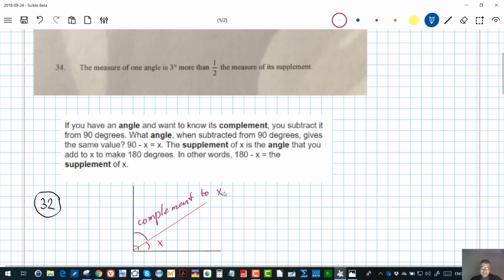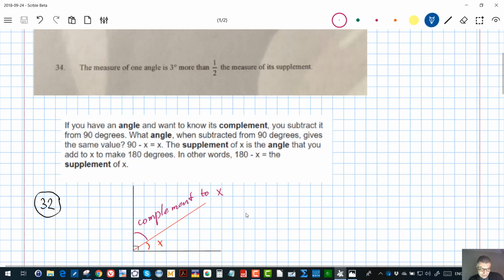So we have an unknown angle x, and another angle which is complement to x, and x plus this other angle make 90 degrees.